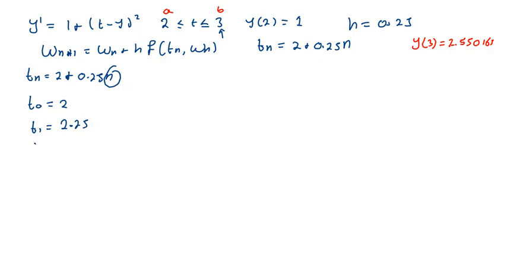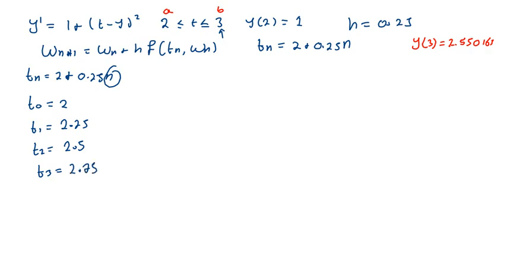Then t sub 2, that is the third step, so one more remaining. So 0.25 times 2 is 0.5 plus 2, that would be 2.5. Then t3, which is our last one, 0.25 times 3 is 0.75 plus 2, that would be 2.75.